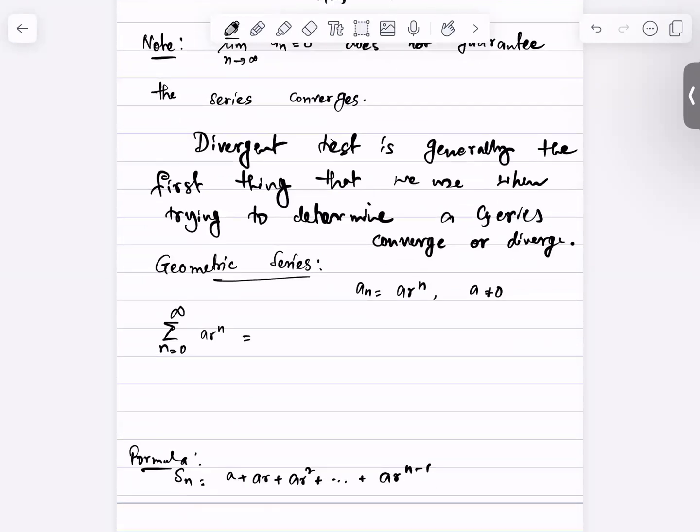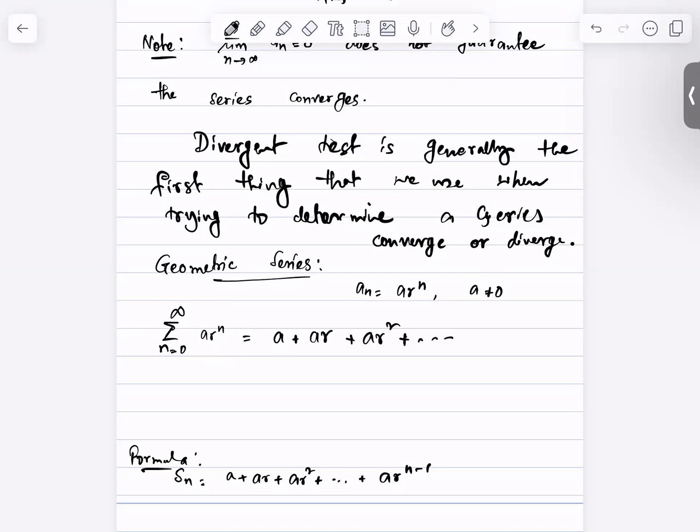The next thing is the geometric series. A geometric series is this type of series, where a is a non-zero constant and r is also a constant. So this is basically a plus a times r. See, n starts from 0 here, so the first term will be a r to the 0, which is just a, plus ar, ar squared, and so on.